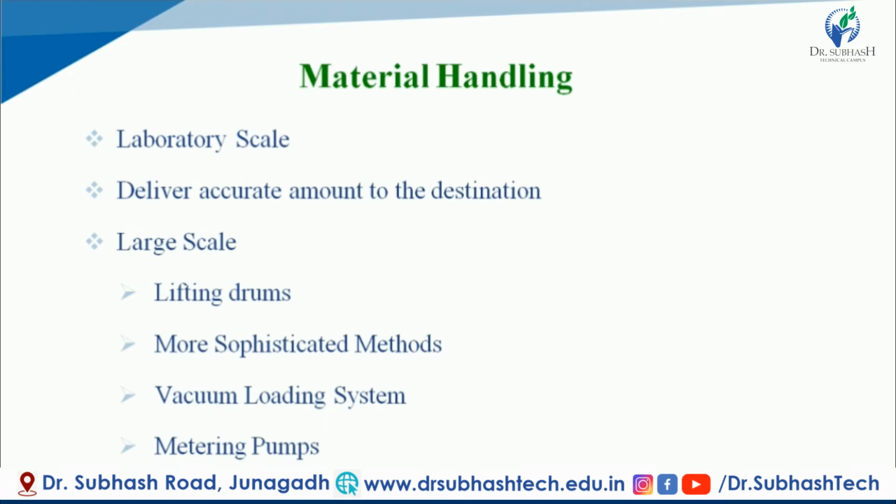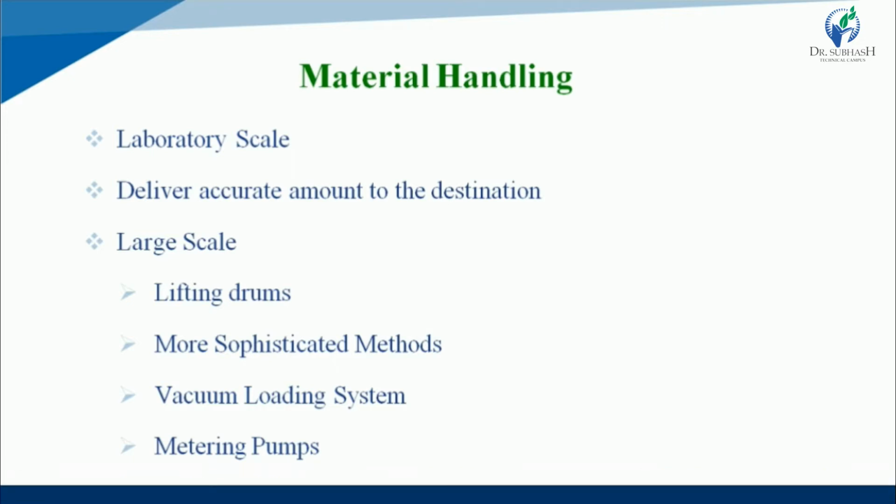First one is material handling. At laboratory scale, deliver the accurate amount of drug substance or dosage form to the destination. That means in material handling at laboratory scale, supply or deliver the accurate amount of any drug substance to the specific place.